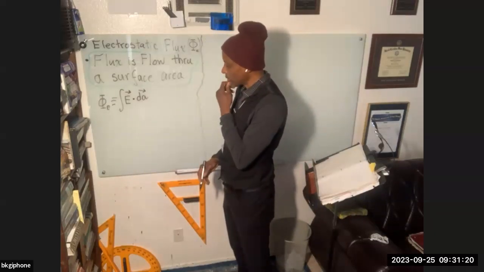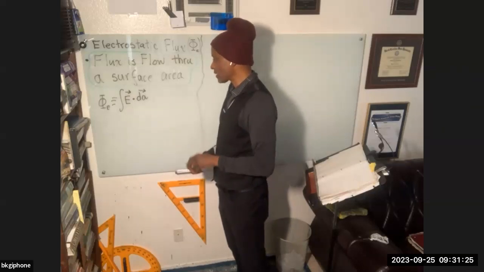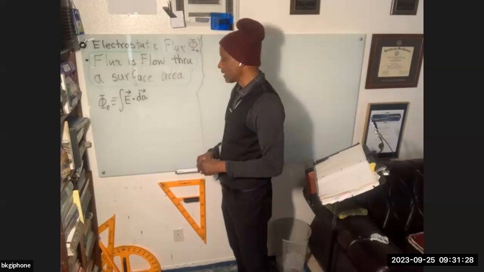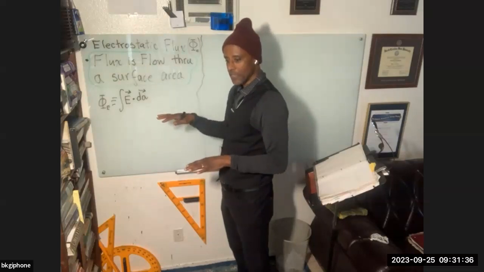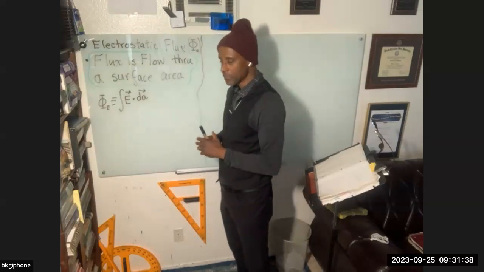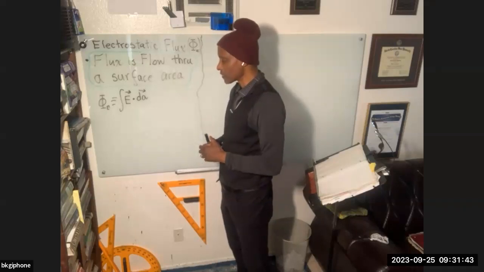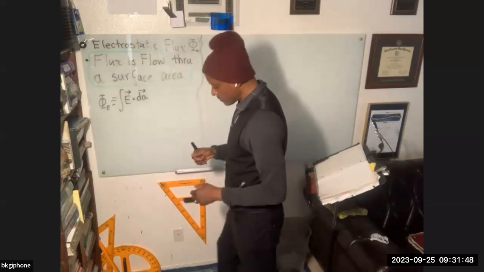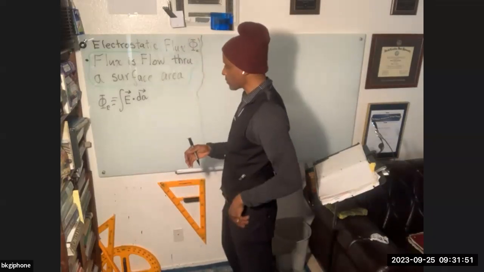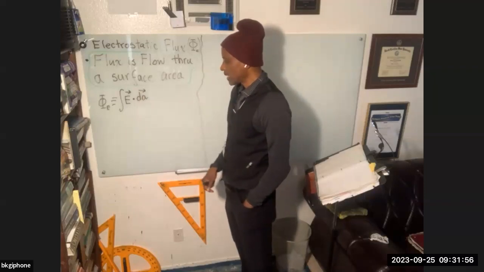Now, we can look at that another way. Obviously, we'll do problems where we take the dot product and we work through that. But sometimes the electric field is constant over the surface. When you have a constant field, for example, and it hits a flat surface, and it's constant over the surface, then it can conform to the symmetry. But at any rate, when the field is constant, then it comes out of the integral.